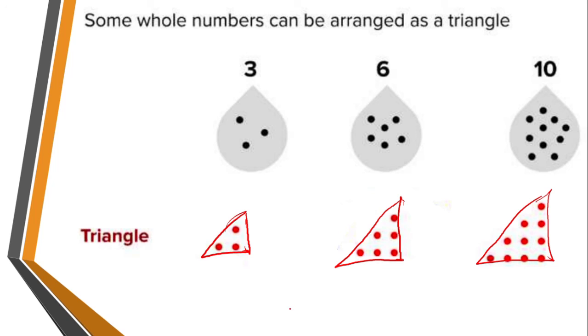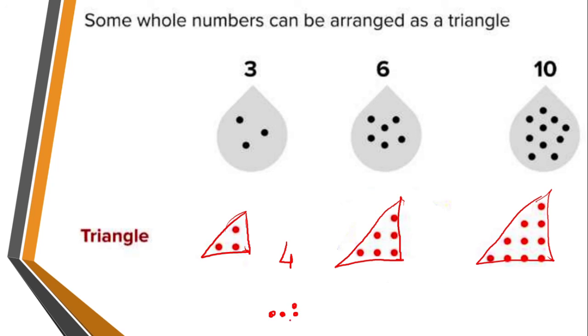But if we talk about 4, let's take 4. Why can't we say 4 is a triangular number? Now we have 4. So the first row will have 3 dots: 1, 2, 3. So we arranged 3, right? 4 minus 3 is 1, so only one dot is still remaining.